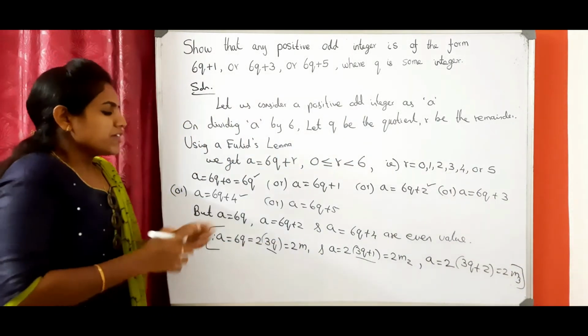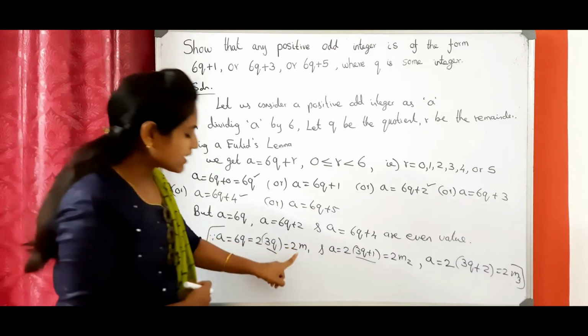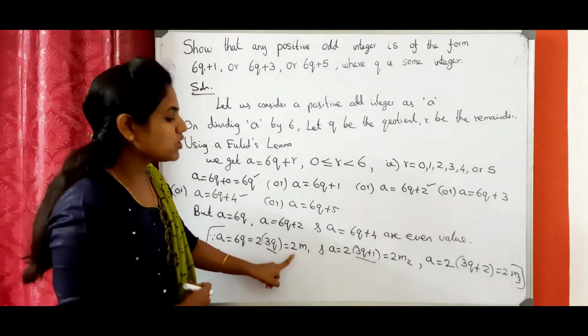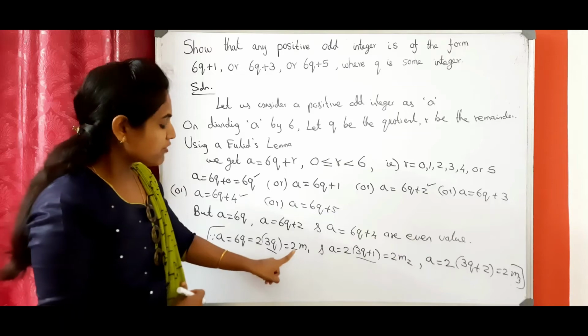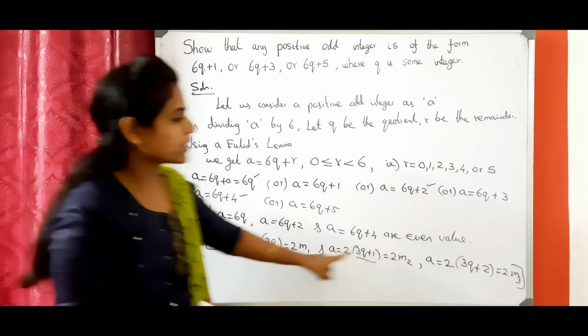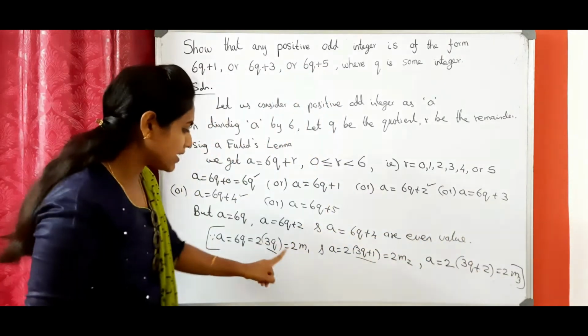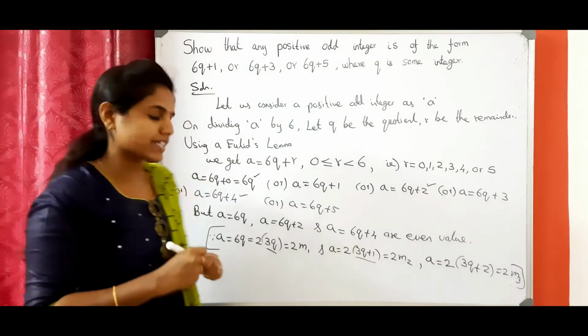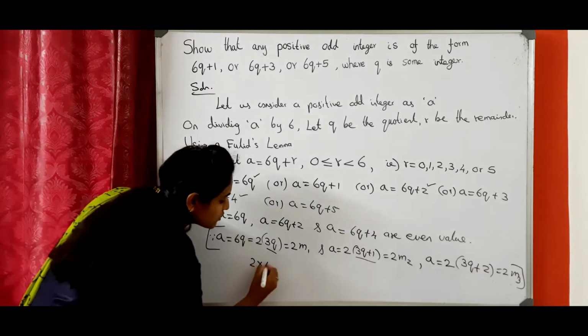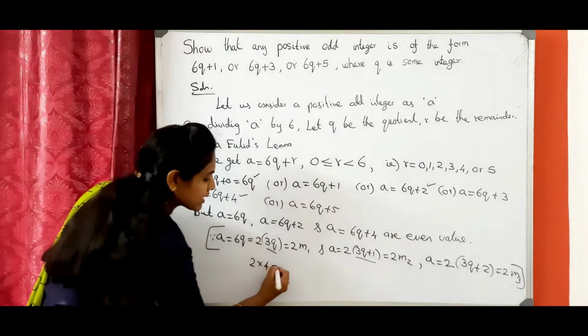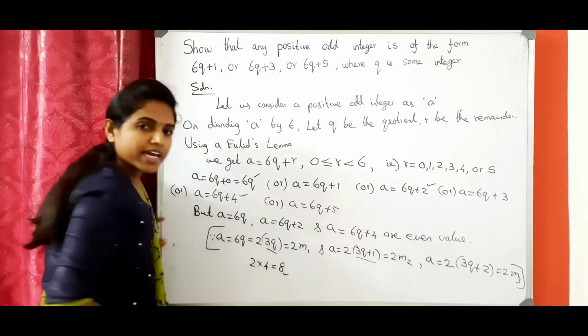So if you multiply any integer by 2, we will get an even value. m1, m2, m3 are integers. Suppose 2 into 4, m1 value is 4, you will get 8. 8 is an even number.